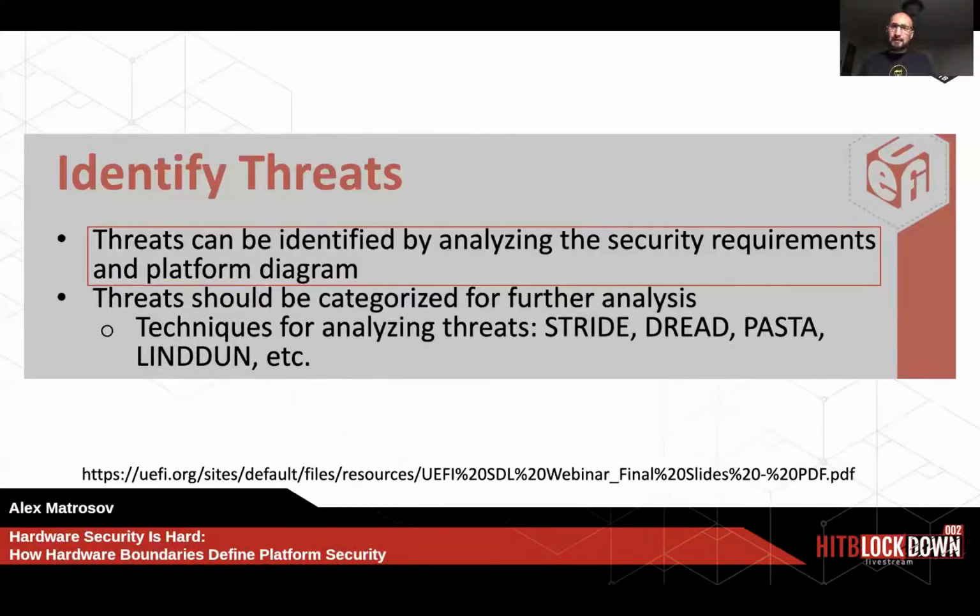But in my opinion, if we just look at the diagrams and security requirements, it says nothing about threats.